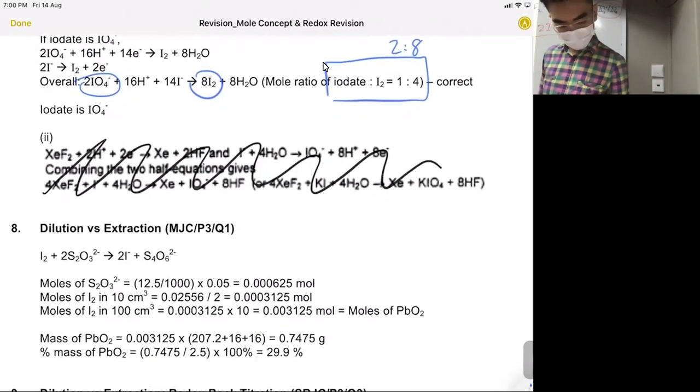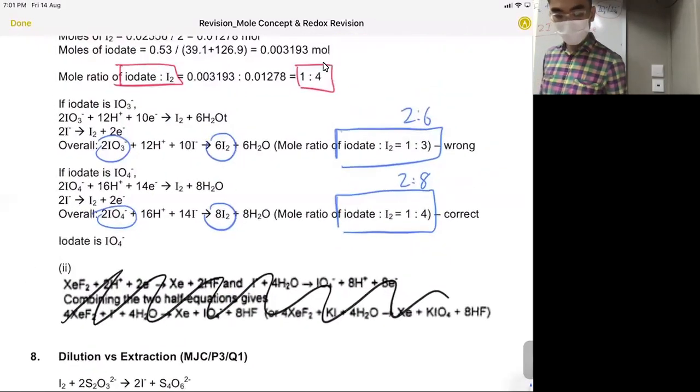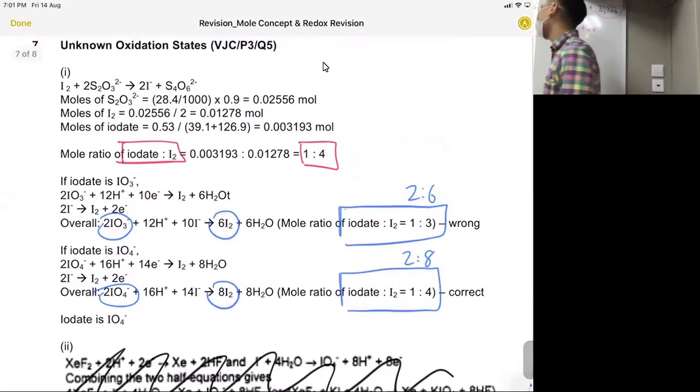Actually, the problem is that you must solve for the correct one. You cannot solve using the wrong ratio. Let's say this one you get wrong. If you manage to get this right the first time, then maybe you can afford to do this.